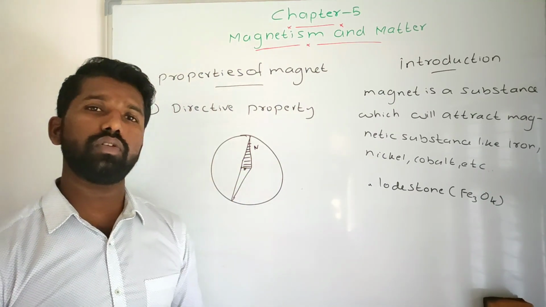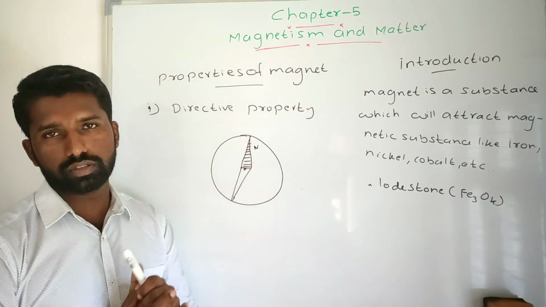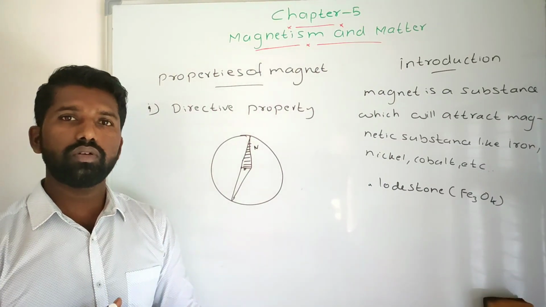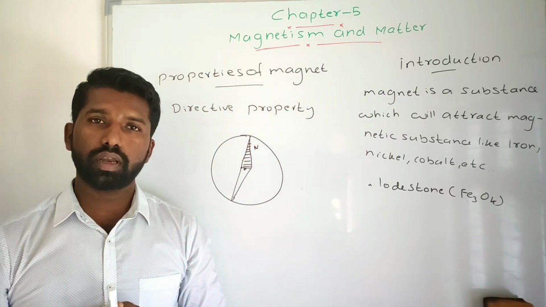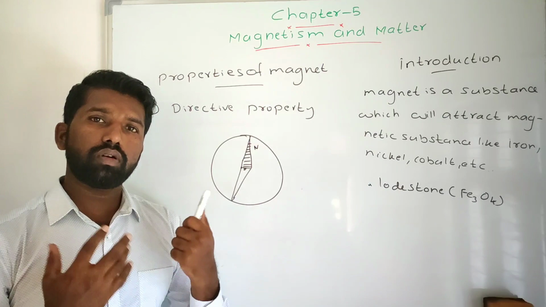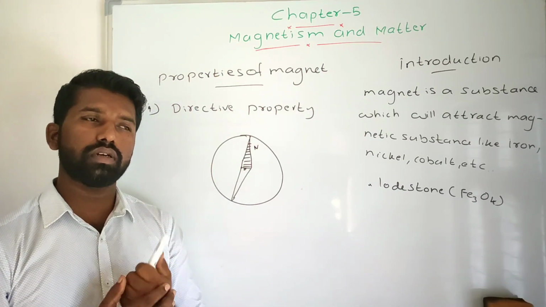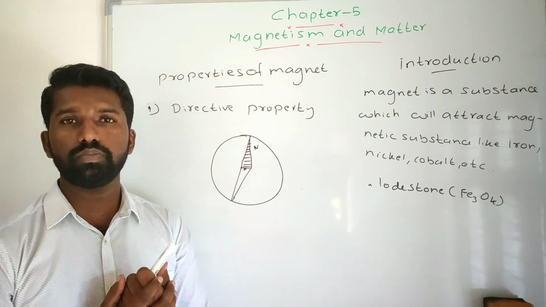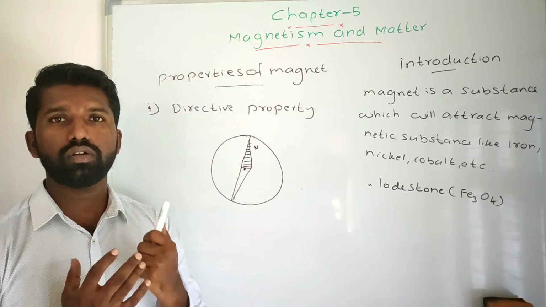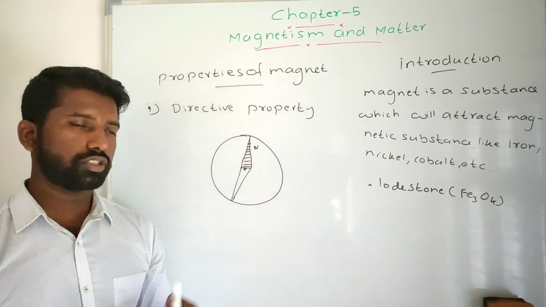Why is it placed over a sharp end? Because it can freely rotate. This directive property of the magnet has been known since olden days. As far back as 400 BC, the Chinese people were using the compass. This is about the directive property.